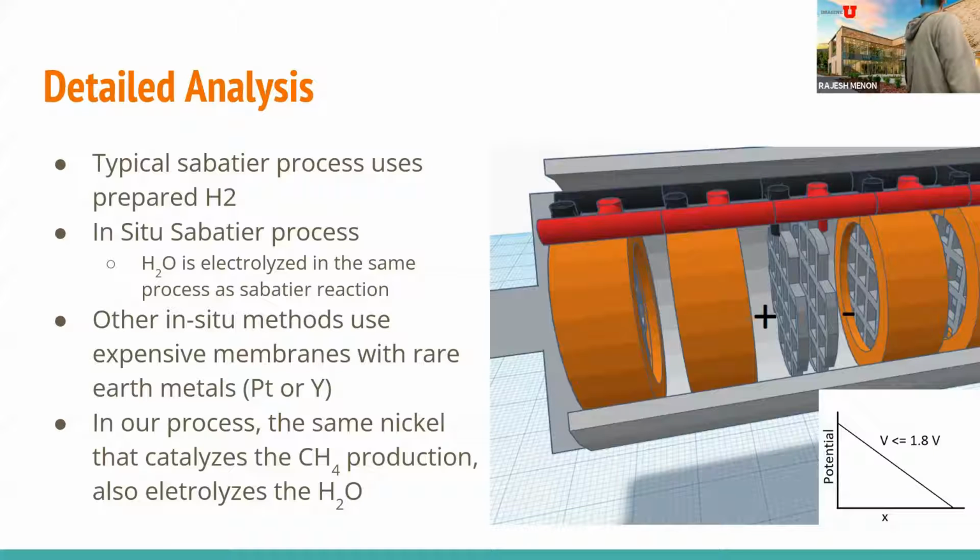Typically, there's a very expensive fuel cell that's running backwards, that's feeding hydrogen into a bed of packed nickel. But the core innovation here with us is that these charged nickel grids are allowing us to split the water into oxygen and hydrogen, and then immediately have the hydrogen react with the CO2 to form methane.